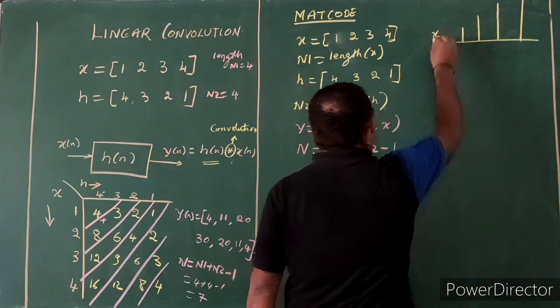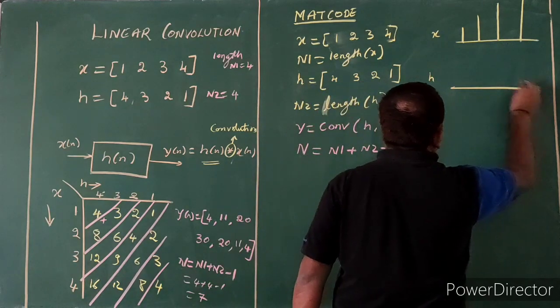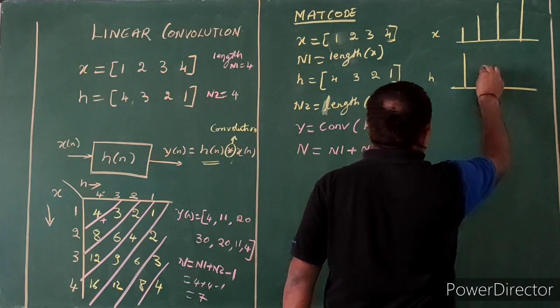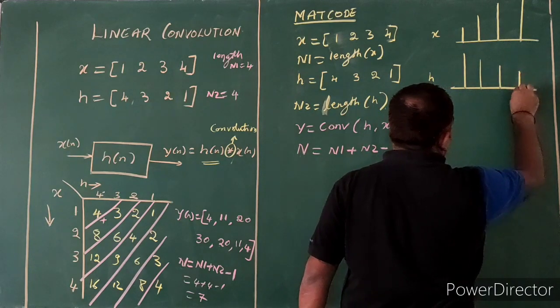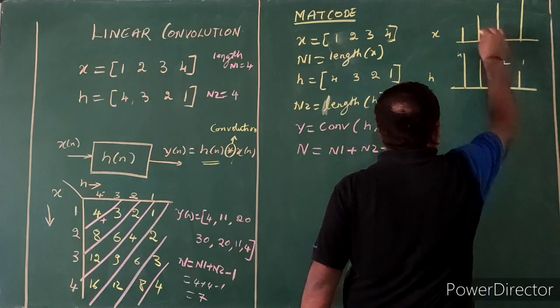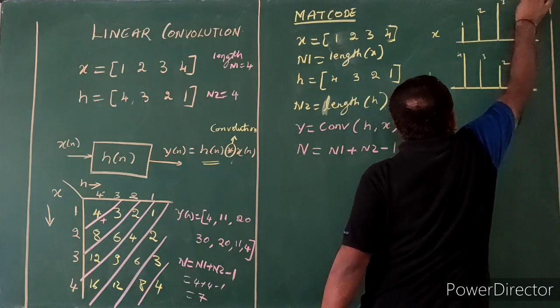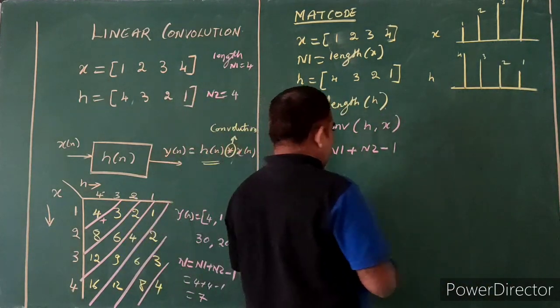So this is x. In the same way, h, if you want, is 4, 3, 2, 1. What is the final result here? y.